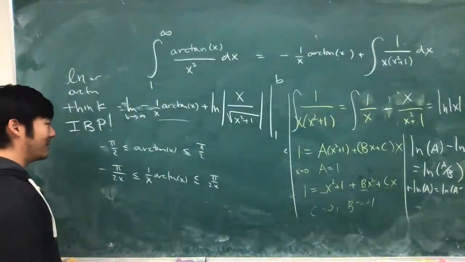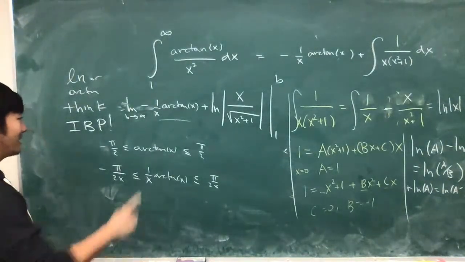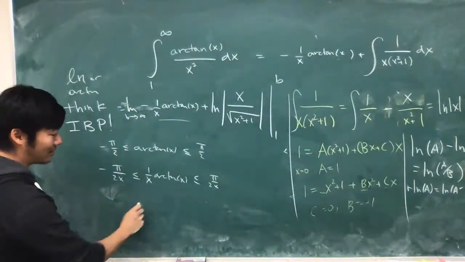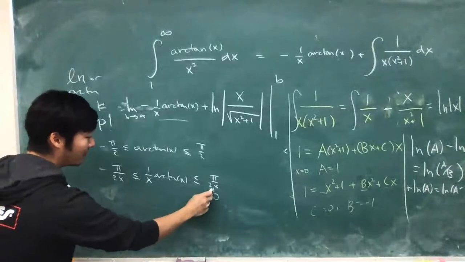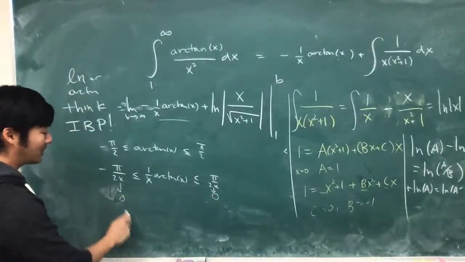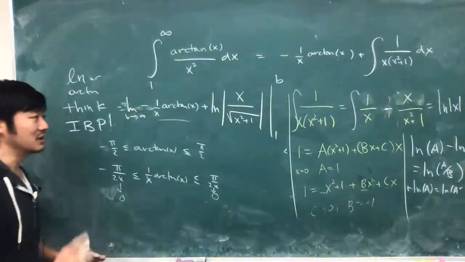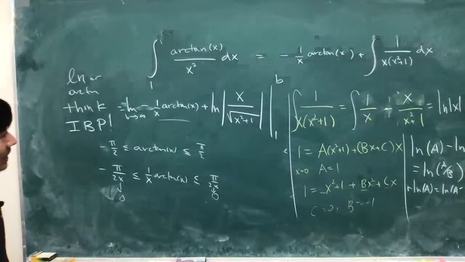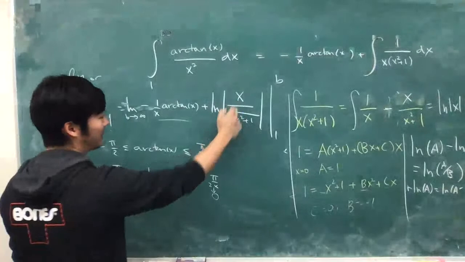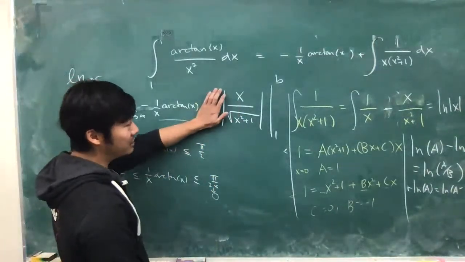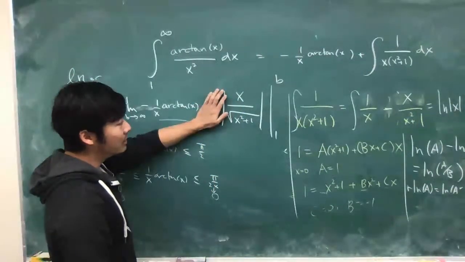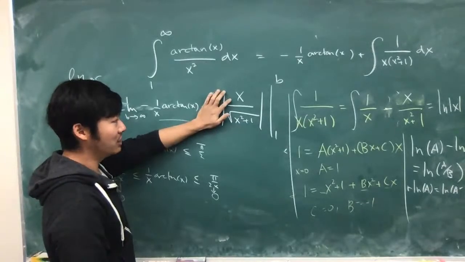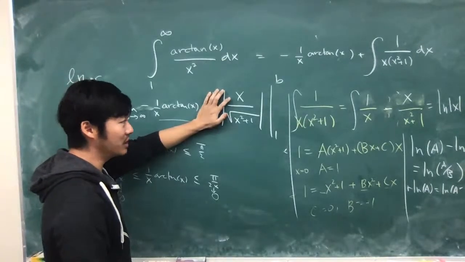So if you take the limit as x goes to 0, no, the limit as x goes to infinity, then this will go to 0, this will go to 0. So by squeeze theorem, this term goes to 0 as b goes to infinity. And as b goes to infinity for this term, where does it go? This term will go to 1 by, no, not chain rule, L'Hopital's rule.